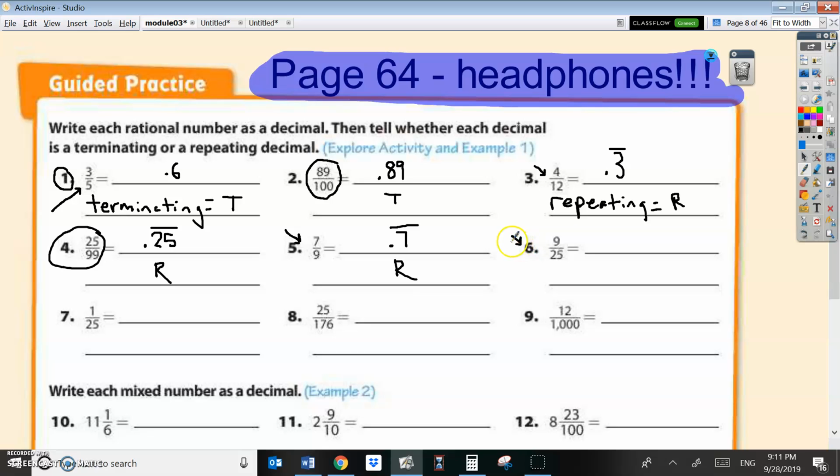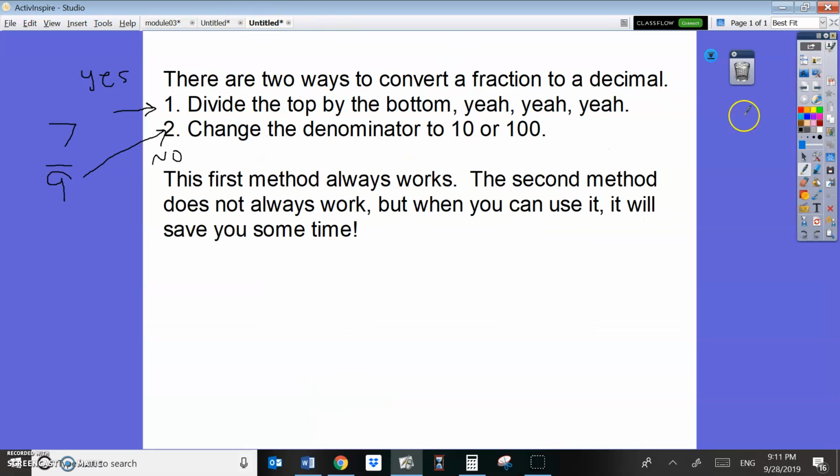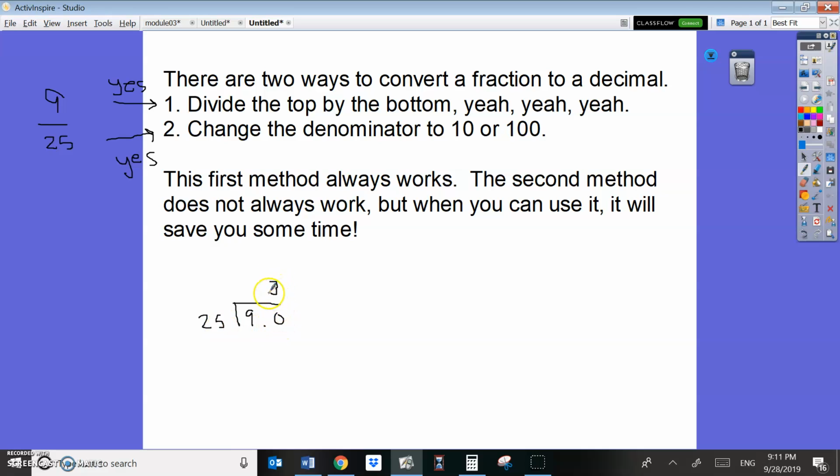9 over 25. Okay, look at this one. We could get this, yes. We could also change the denominator to 10 or 100, yes. Look what happens if you do method 1. 9 divided by 25, put in a 0, you get 3, and you get 75.